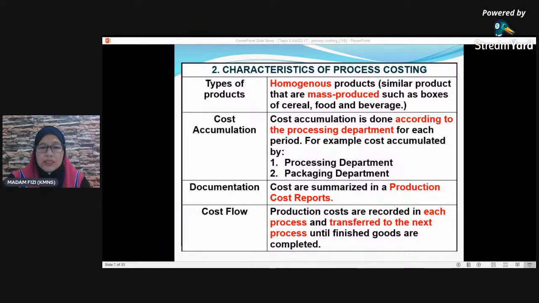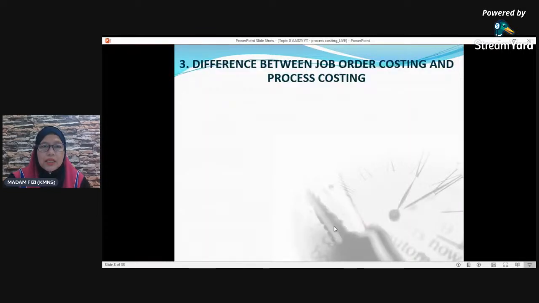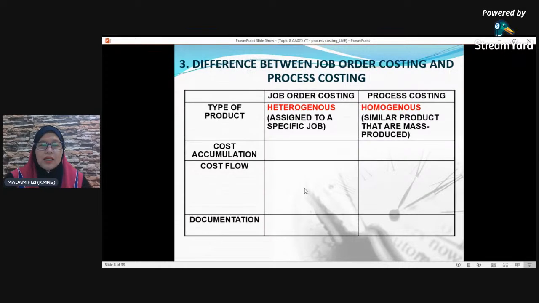Now kita tengok what is the difference between job order costing and process costing. Okay, I'm sure that you still remember what is job order costing, kan? For this is the difference in type of product. For job order costing, the product is heterogeneous. Maksudnya ada pelbagai.